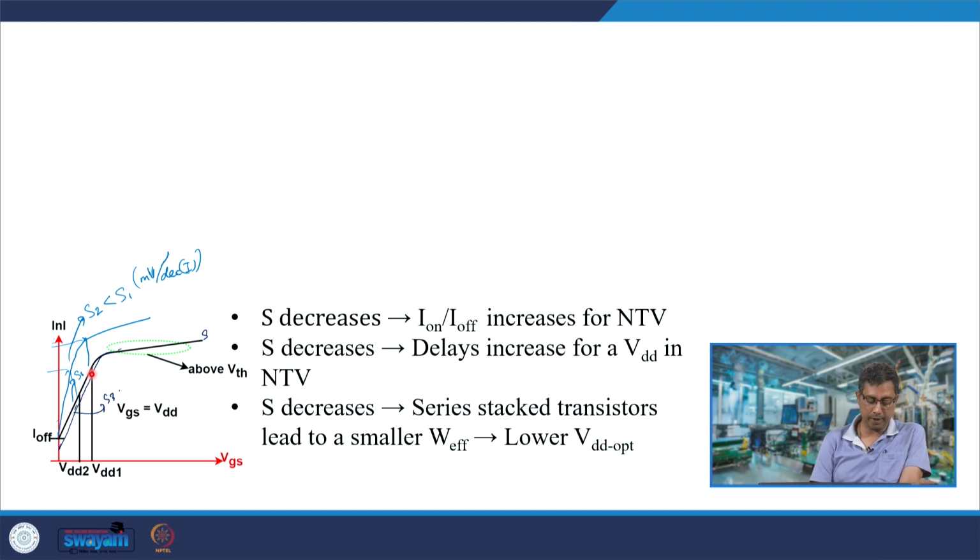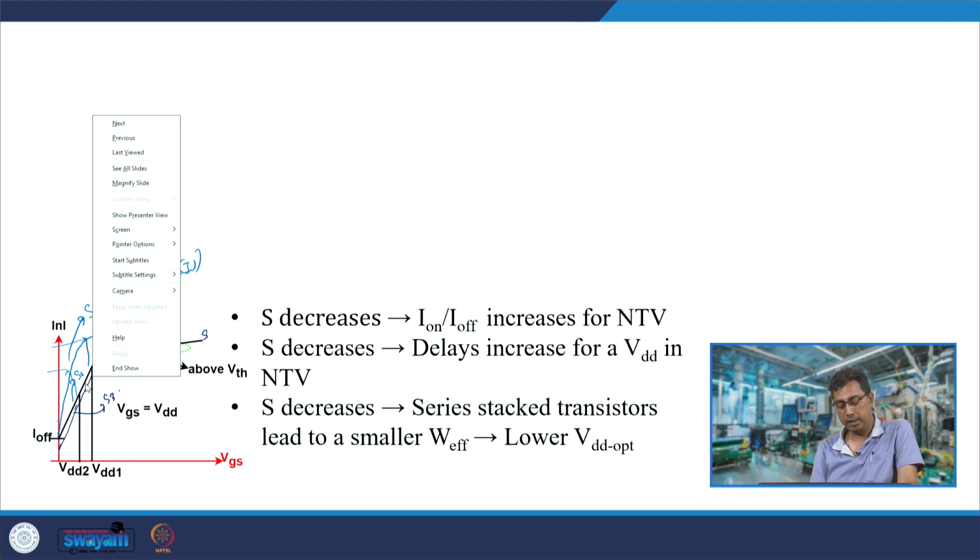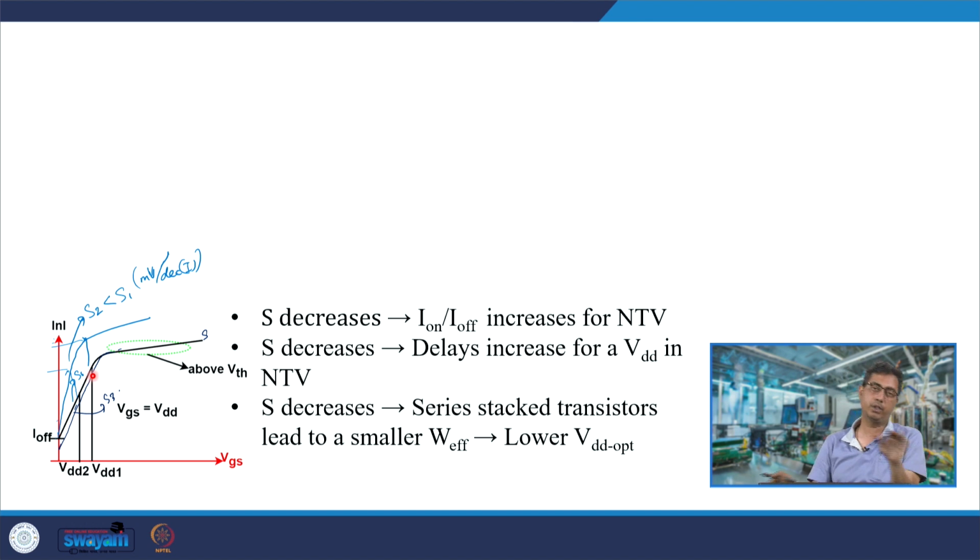For the same VDD, the Ion by Ioff ratio has again improved with the decrease in S, but you would find that the current at VDD1, Ion, has also reduced. Therefore, delays would increase in this scenario, that is, you reduce the subthreshold swing by reducing the off current. In that case, the delays would increase, because for the same VDD you would observe a smaller current.